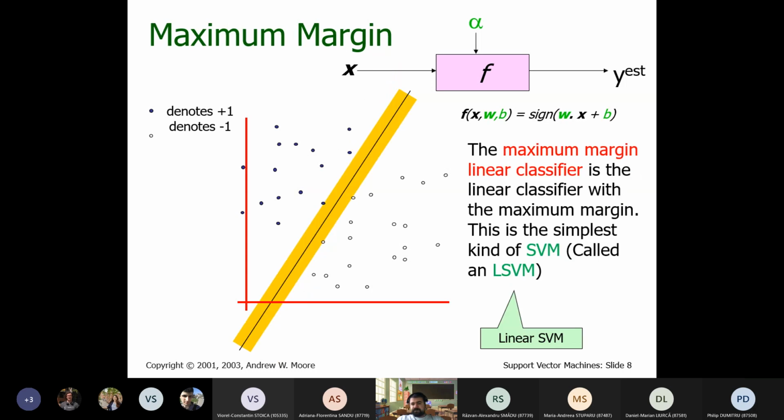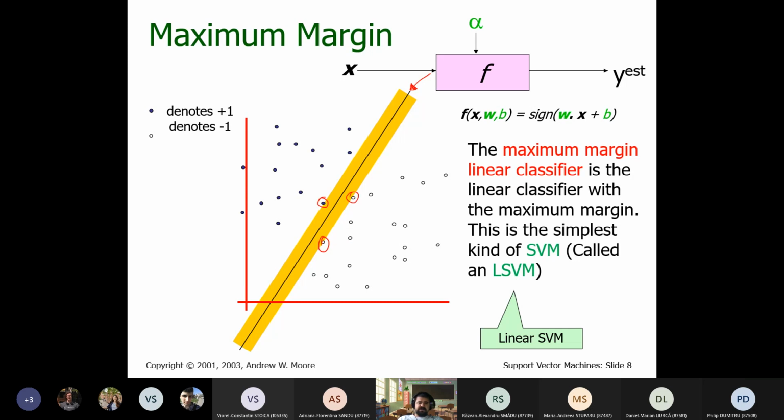Now, the maximum margin linear classifier is a linear classifier that has the maximum margin. And this is called SVM or linear SVM. And this one actually is the best classifier that we may get. So, as I told you, we would like to have a classifier that is somehow distant enough from any point, both from positive and negative sides.